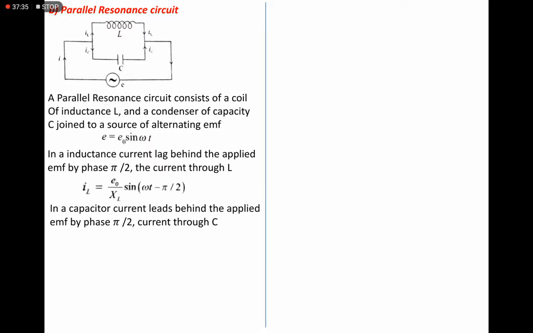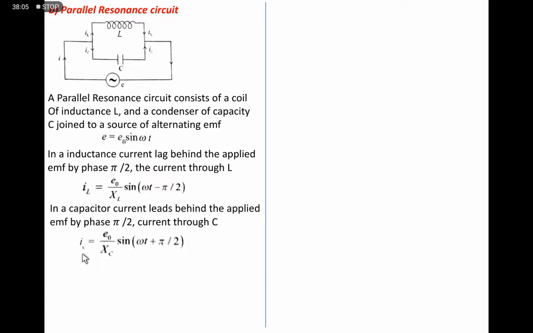I repeat, the current is leading by pi by 2 with respect to EMF across the capacitor, and across the inductance the current is lagging by pi by 2 with respect to EMF. And in simple AC circuits we discuss all these things by using phasor diagrams. So try to understand this whole chapter.